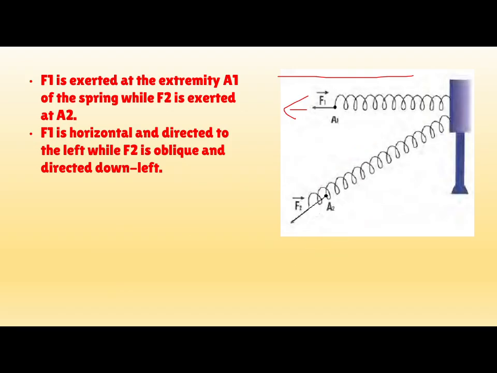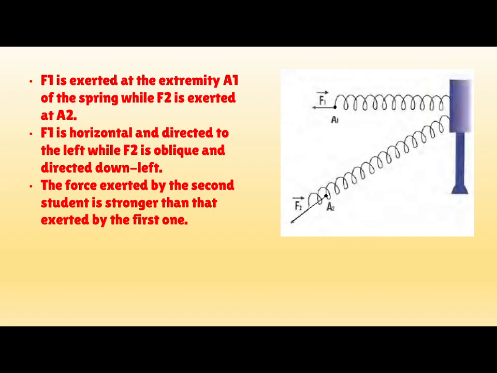Let's continue. The force exerted by the second student is stronger than that exerted by the first one. Why do we say that? Because if you look here, the spring is extended to this place, while here the second spring is extended to here.